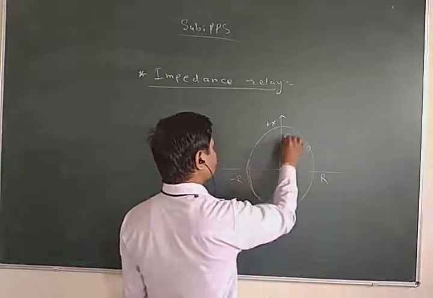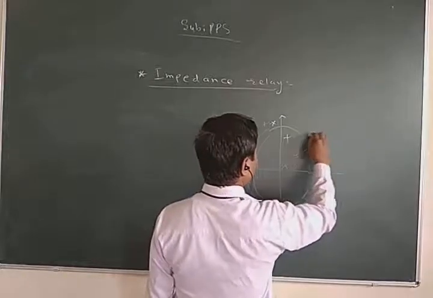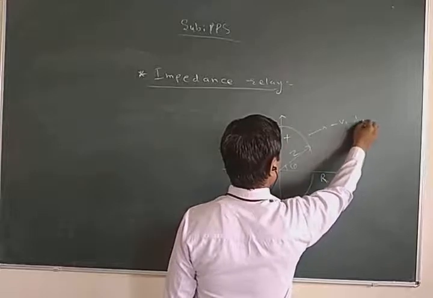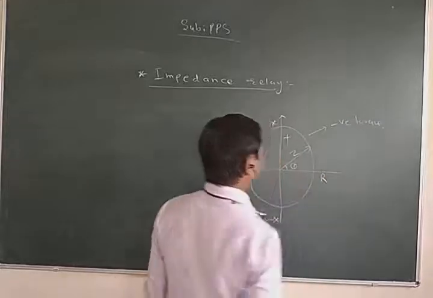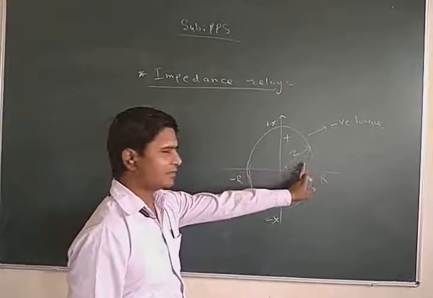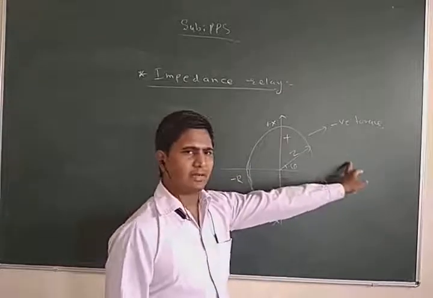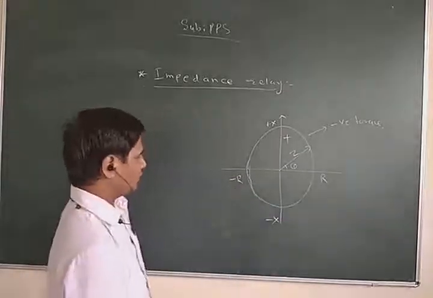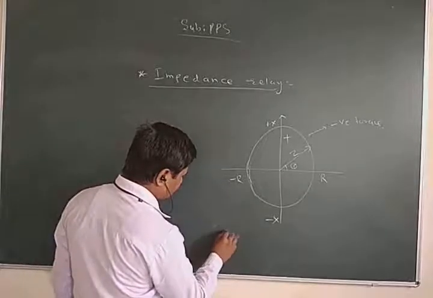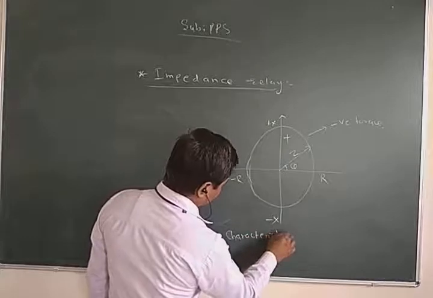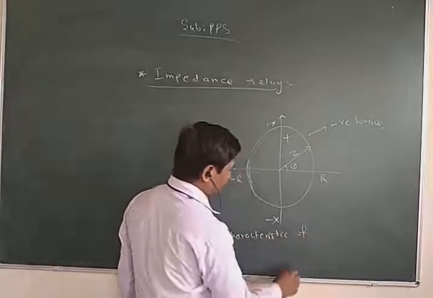So this is the positive torque region, and this is the negative torque region. Means if Z is inside the circle, the relay will operate, and if Z is outside the circle, the relay will not operate. So this is the characteristic of the impedance relay.